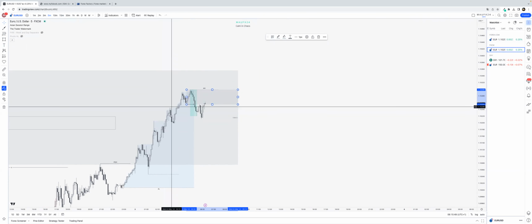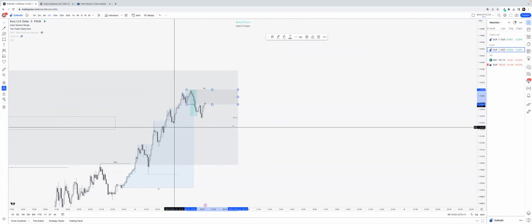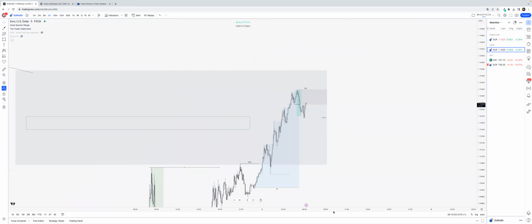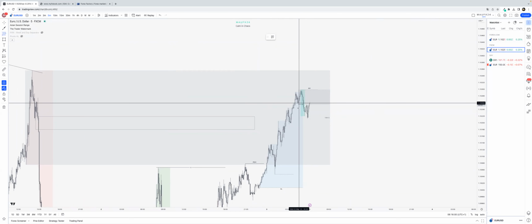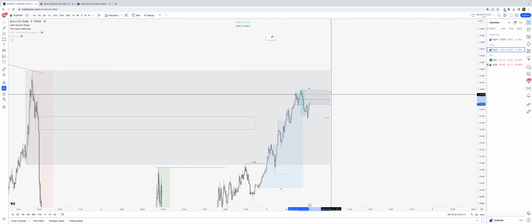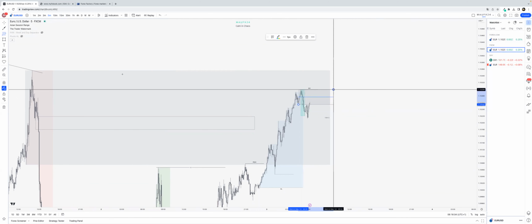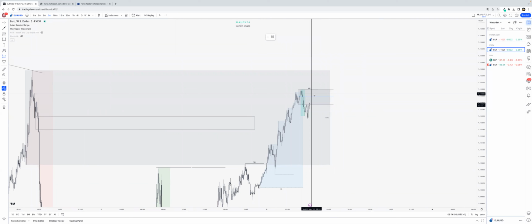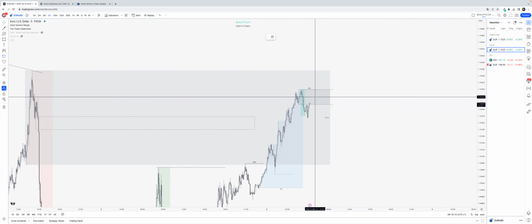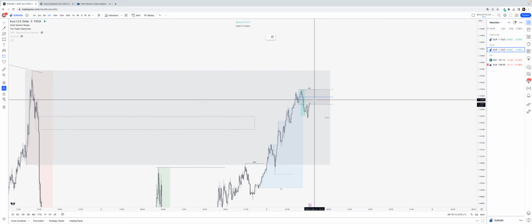This one, you can see this wick up to the downside, but this would usually be the area where we look for direct entry already if we got the early sellers. And that would be something like this. 1.0877.